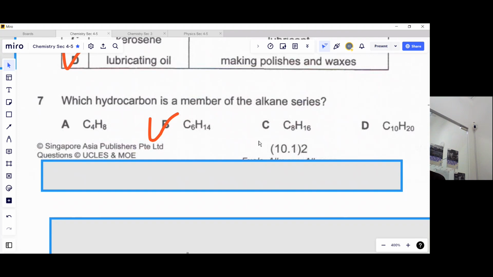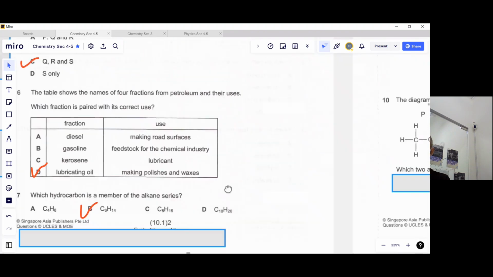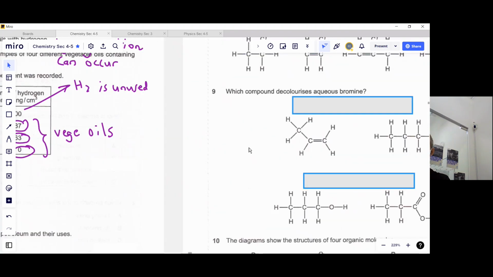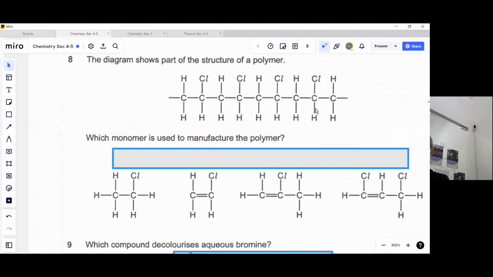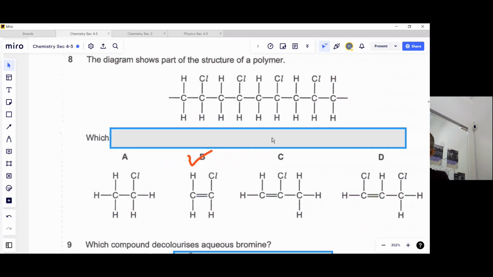But you understand? Okay, that's fine. The next part, we are talking about safety. Number 8, take one.